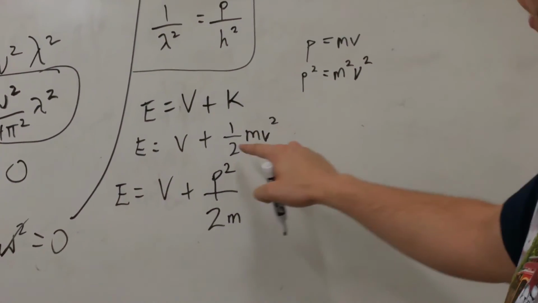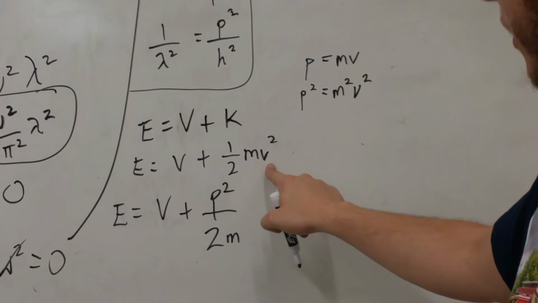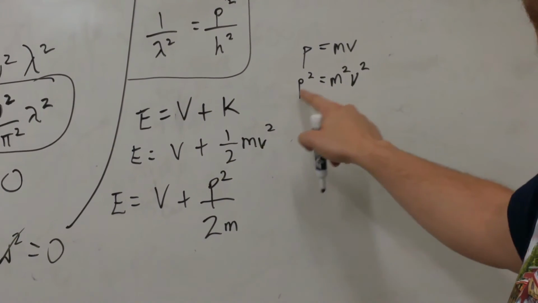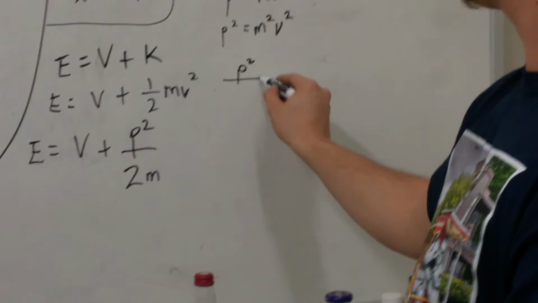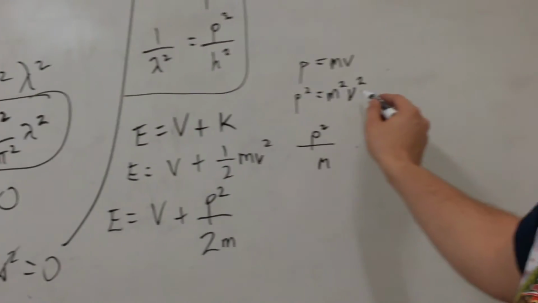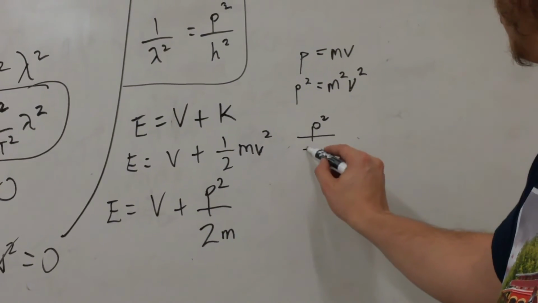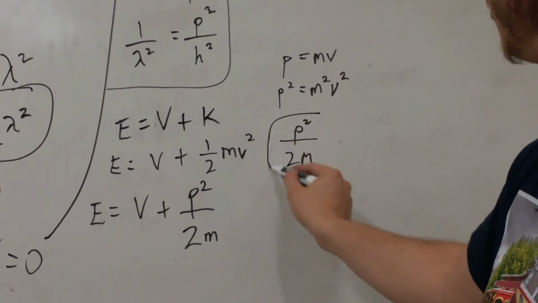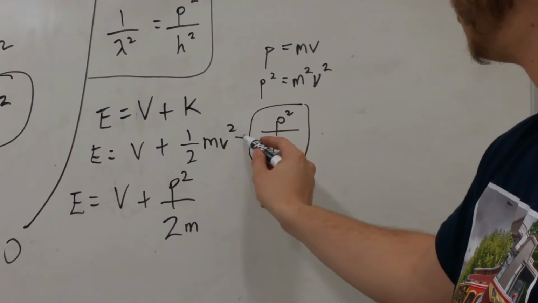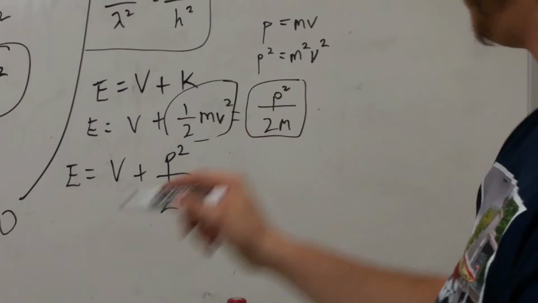And then if you want to get 1/2 mv squared, all you do is take this quantity, divide by m, well there's your mv squared, and then you divide by 2, and there's your 1/2 mv squared. So p squared over 2m is in fact equal to 1/2 mv squared.